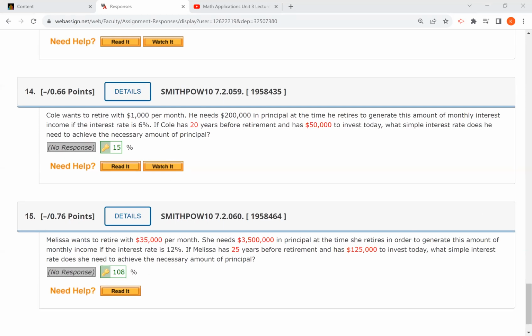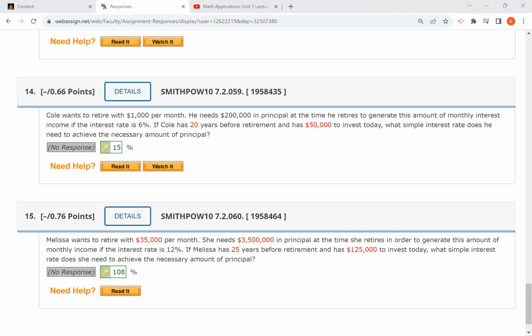I'm going to pull out a Word document because I do not have a document camera at home while I'm making this video. But again, if Cole wants to retire and he needs $1,000 per month, which is not a lot of income to live on each month, that's what he needs. And this is a future amount that he's going to need: $200,000 in principal at the time he retires.